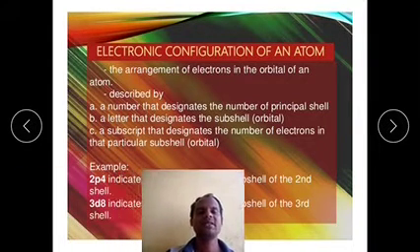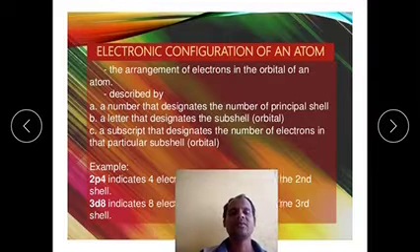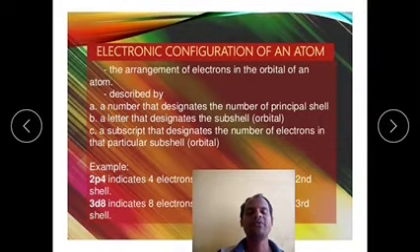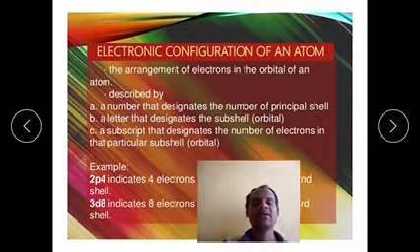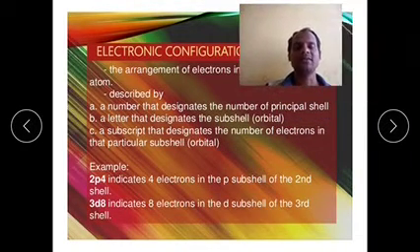That can be described, for example, 2p4. In this, the number indicates the principal shell, the English letter indicates the subshell, and the subscript number designates the number of electrons in the particular orbital or subshell.